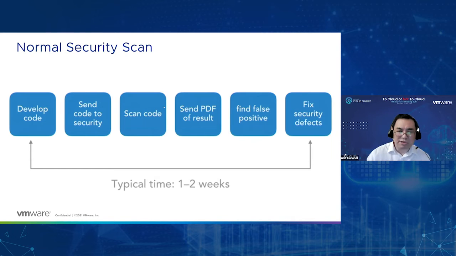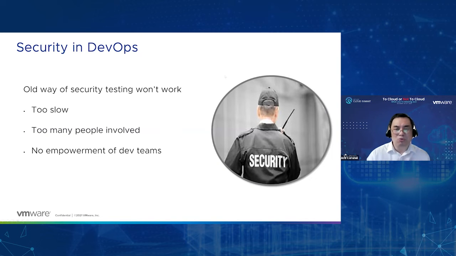Now, the problem is that this won't work anymore in a DevOps model. Why? It's too slow. Too many people are involved. And the security team has to run the scans and has to actively involve the development team to give them the source code and work with them to try to resolve any problems during the build.